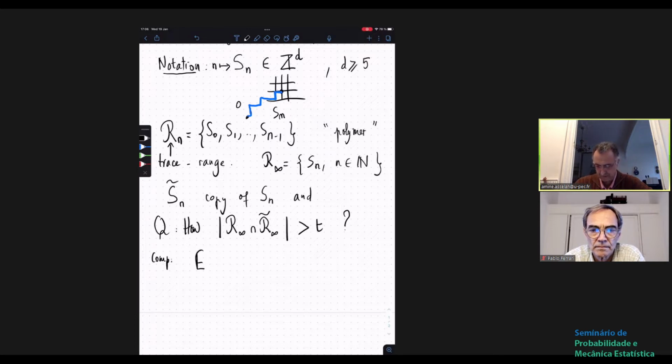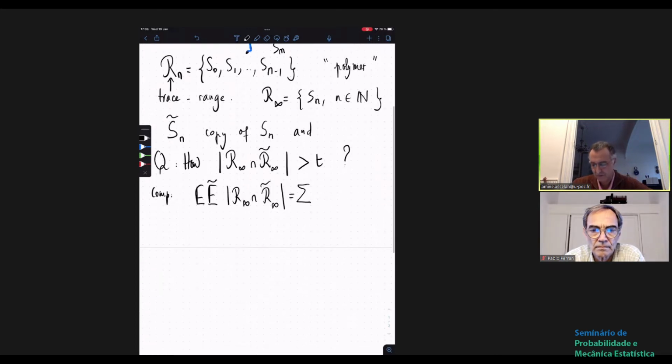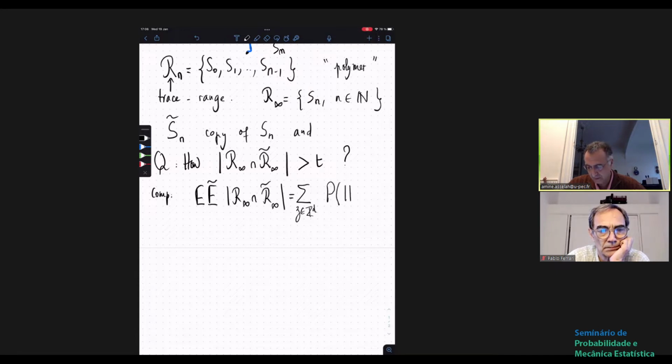The expectation with respect to my two randomness of this intersection, you can write it as the sum over all the sites z in Z^d that are visited by the two walks: the probability that you hit z, and then you square this thing because you have your two independent random walks.